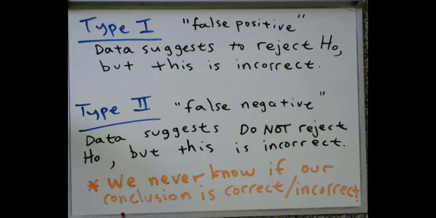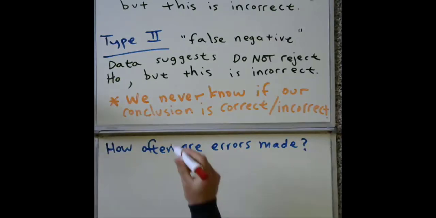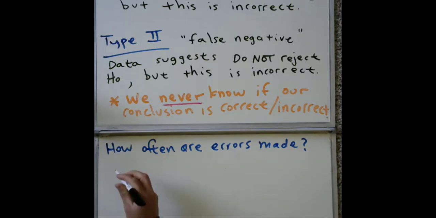But it's possible that these errors are made, and so it's worth discussing the consequences of those errors and how often they're expected to occur. So while we never know if our conclusion was correct or possibly erroneous, we do know how often they are committed.